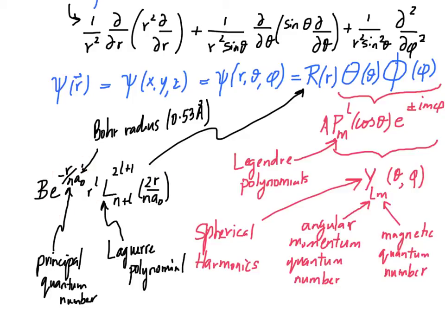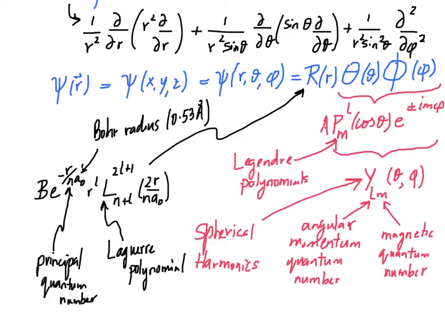A naught is a constant called the Bohr radius. It has dimensions of length, and it's 0.53 angstrom. And n is an integer, which we call the principal quantum number. Right, so now we have already introduced three quantum numbers: the principal quantum number, the angular momentum quantum number, and the magnetic quantum number, n, l, and m.